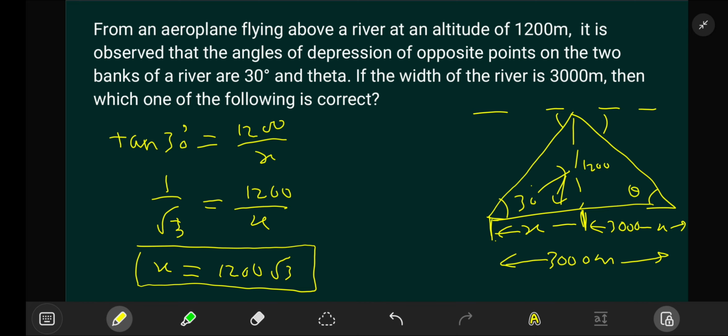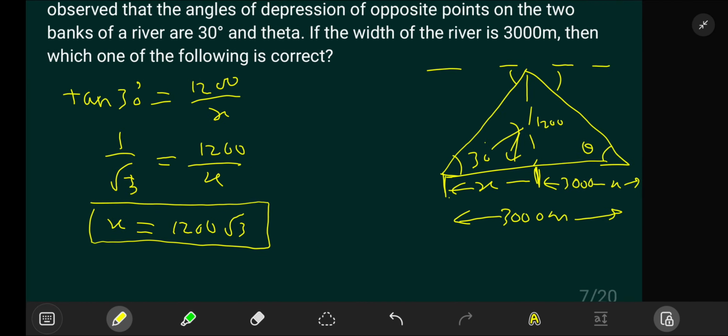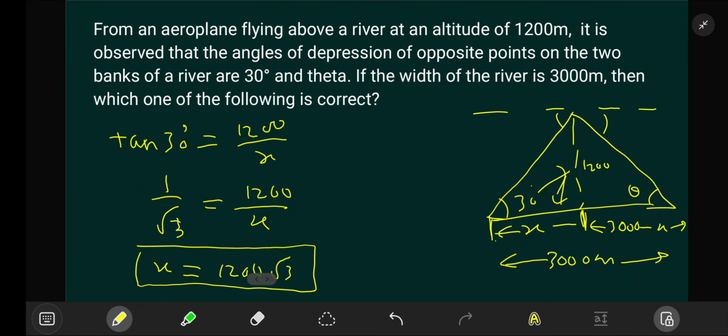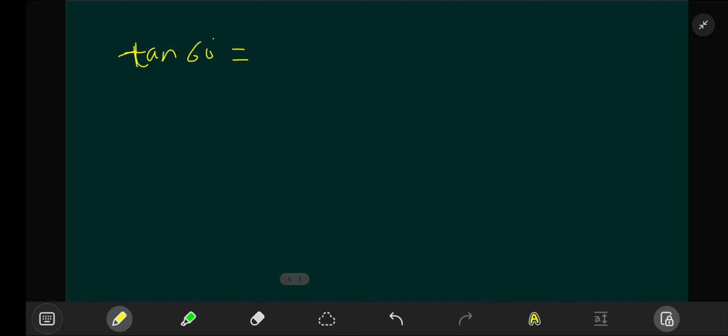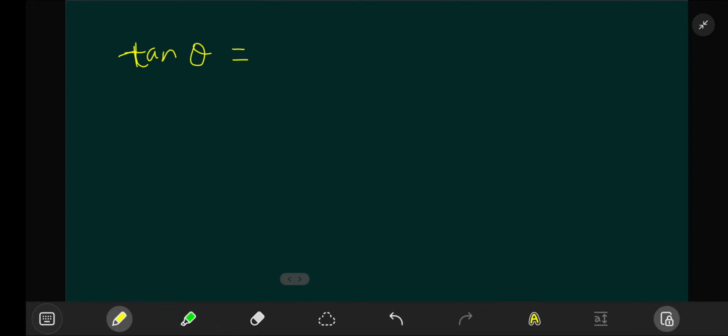Now let's do the other side. Tan 60 degrees. What is tan 60 degrees? No, not 60 degrees, tan theta is there. Where is the 60 degrees coming from? Tan theta. Theta is here. Tan theta is opposite side by adjacent side, that is 1200 divided by 3000 minus x.